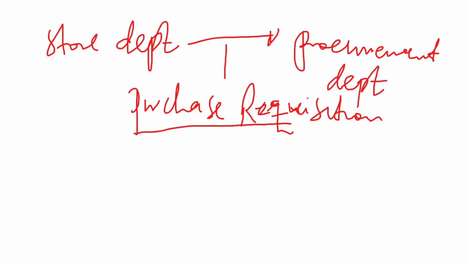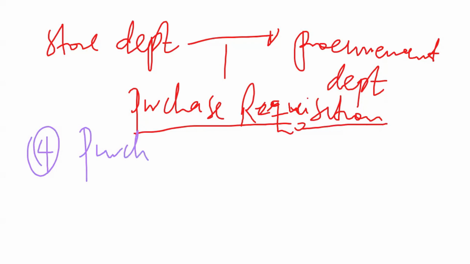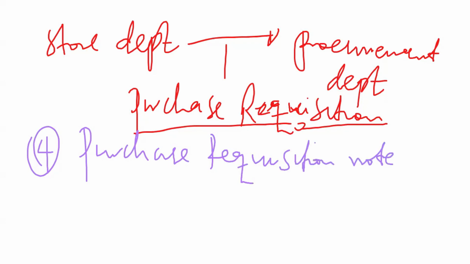By raising a purchase requisition, or what we call a purchase requisition note. So our fourth document here is going to be the purchase requisition note, or document, or form, whichever they may call it.